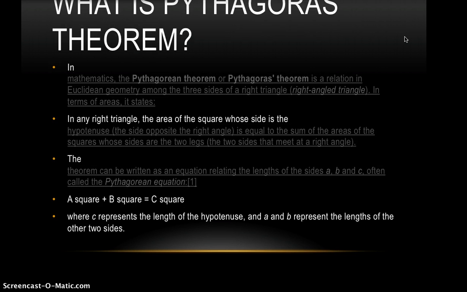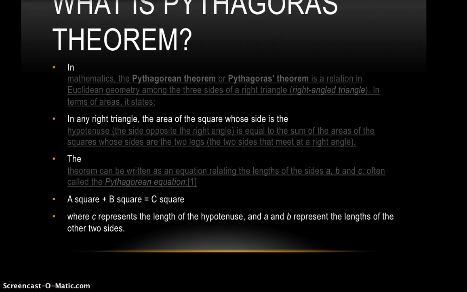So you can't really see it, but this is the slide: what is Pythagoras theorem? In mathematics, the Pythagoras theorem is the relationship between the three sides of a right angle triangle.